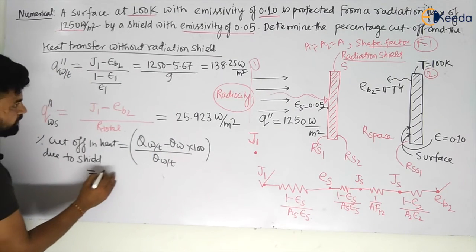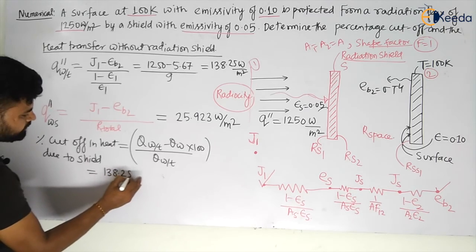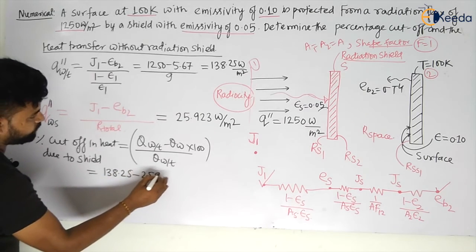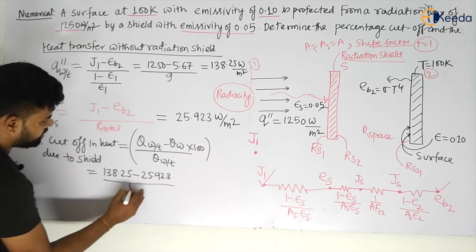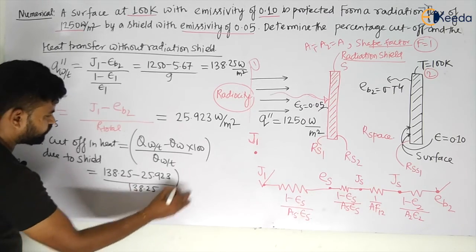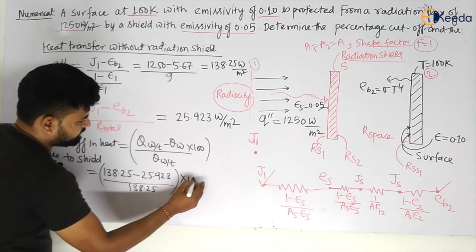So this will be 138.25 minus 25.923 divided by 138.25 into 100.